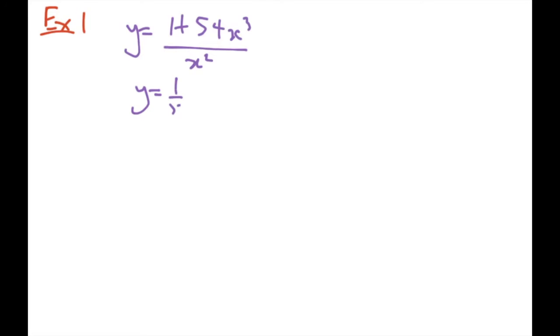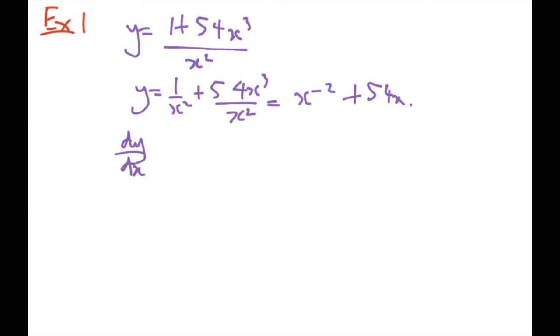That should be 1 over x squared plus 54x cubed over x squared, which will give me x to the power of negative 2 plus 54x. Differentiating this, dy over dx will give me negative 2x to the power of negative 3 plus 54, which is negative 2 over x cubed plus 54.